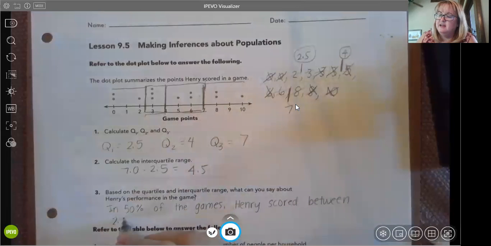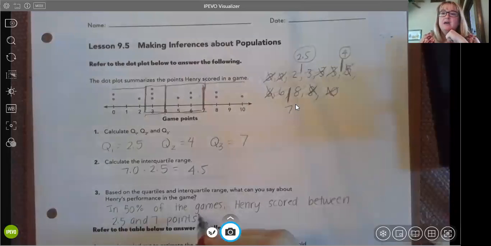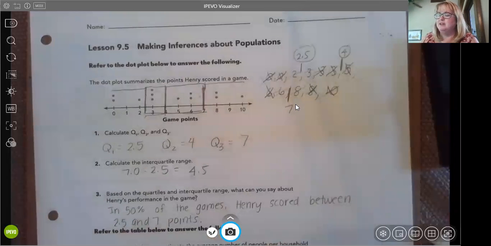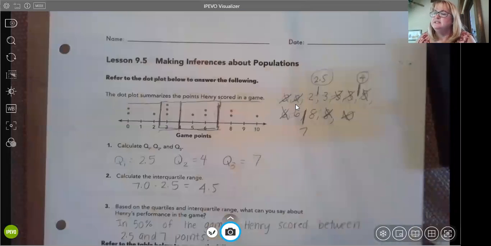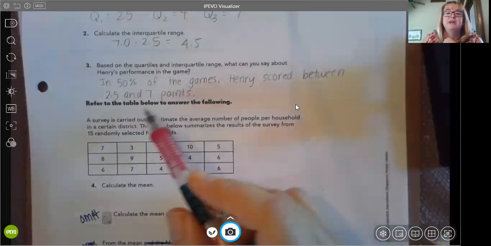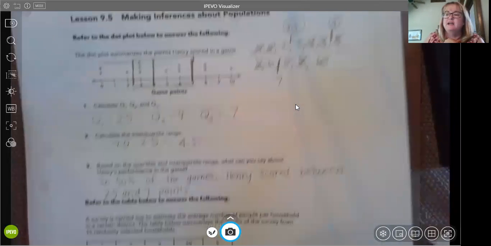2.5 and 7 points. Okay, one thing I want to acknowledge, I know it's impossible to get 2.5 points in a game, but we're talking data, so don't worry about the 2.5. So in half of the games, he scored between 2.5 and 7 points.